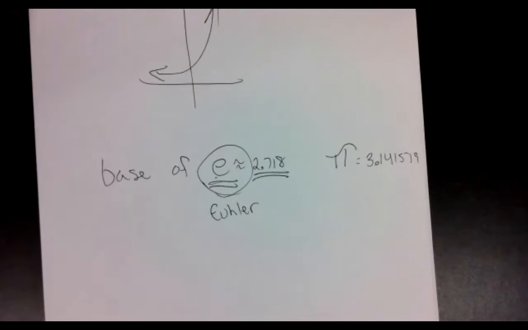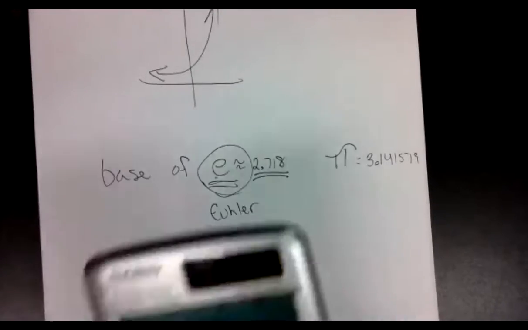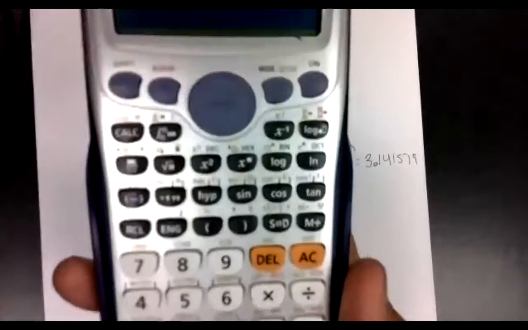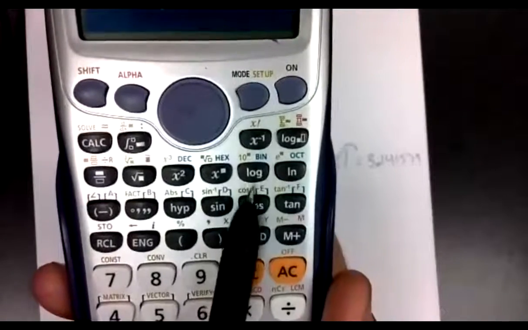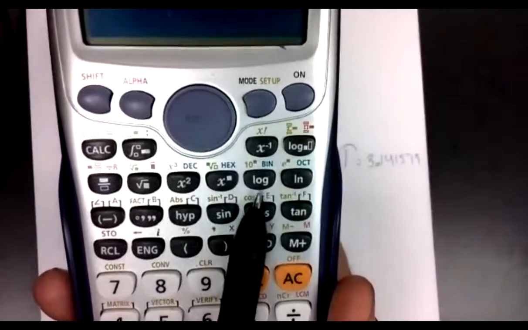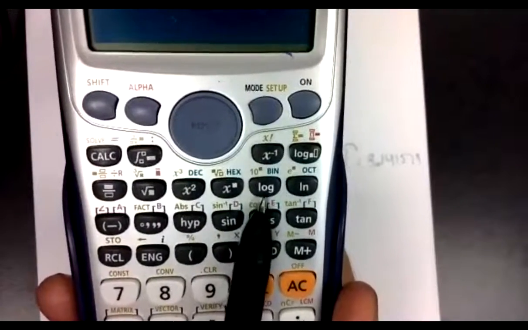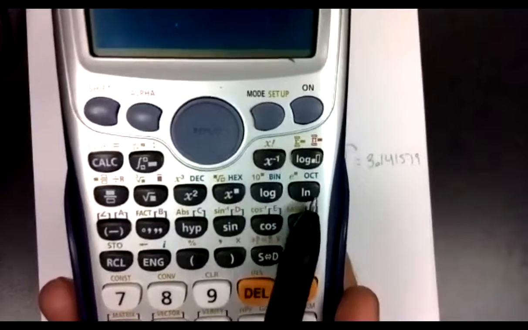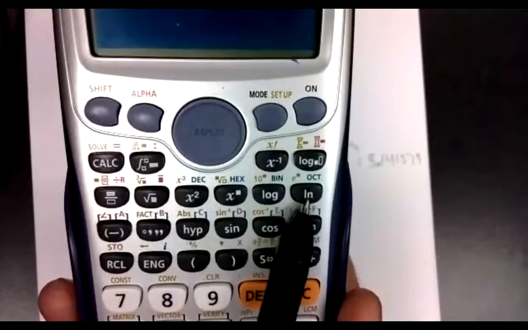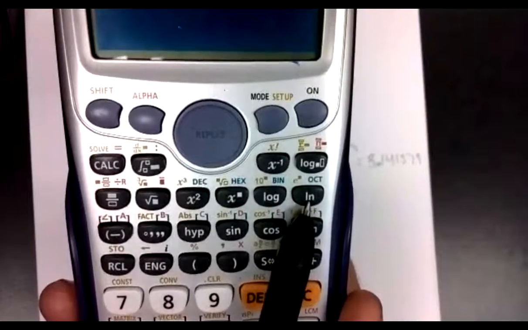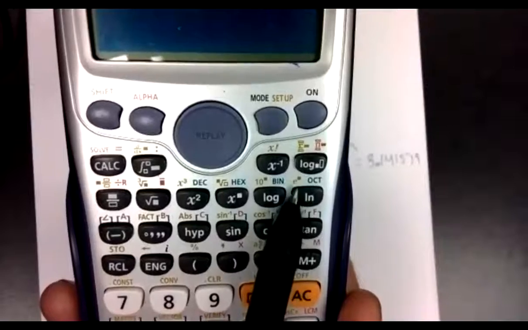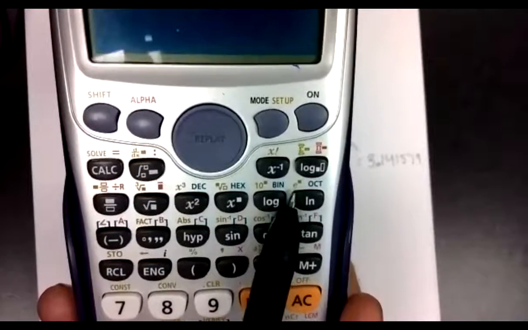There's an E button on your calculator. Now, every calculator is different. I can't speak to all of them. But in general, your calculator somewhere is going to have a log button. Usually right next to it, above it, or below it is the LN, the natural log button. And then E is always right above that.